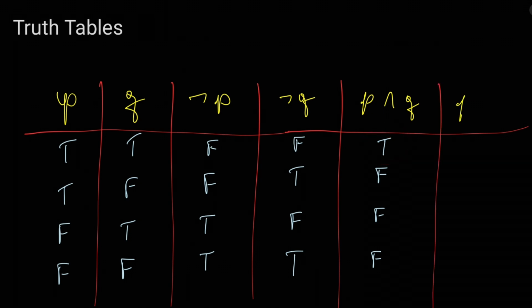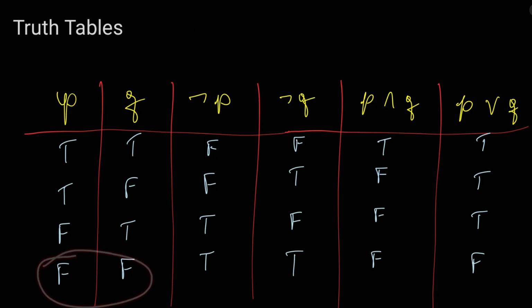Next, P or Q. This is true when at least one of them is true. So this is true, this is true, this is true, and only this one is false, because here both P and Q are false, so P or Q is also false.